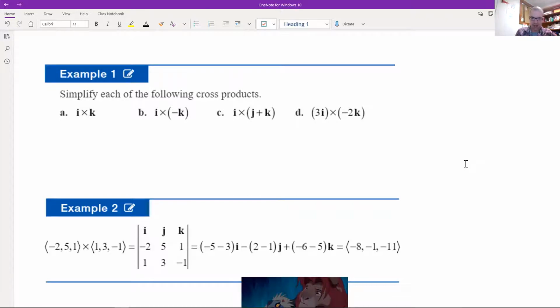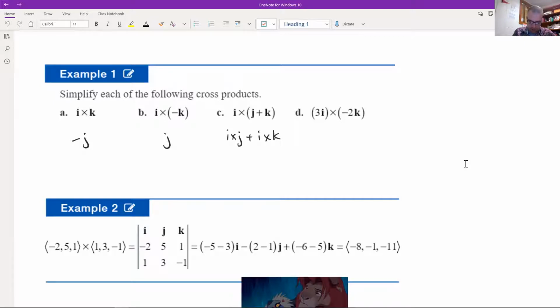I cross K, that's negative J. I cross negative K would just be J. I cross J plus I cross K, distributive property.